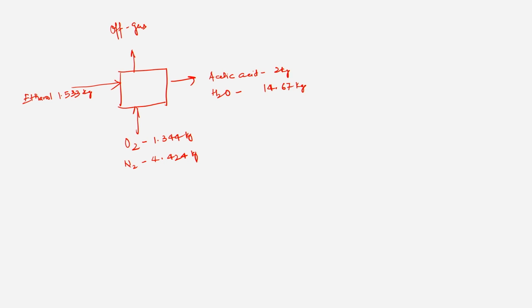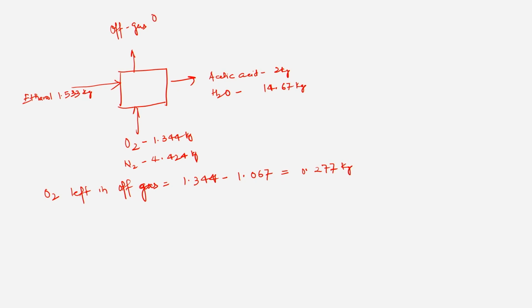So, how much oxygen is left in the off gas? 1.344 minus 1.067, that equals 0.277 kg.